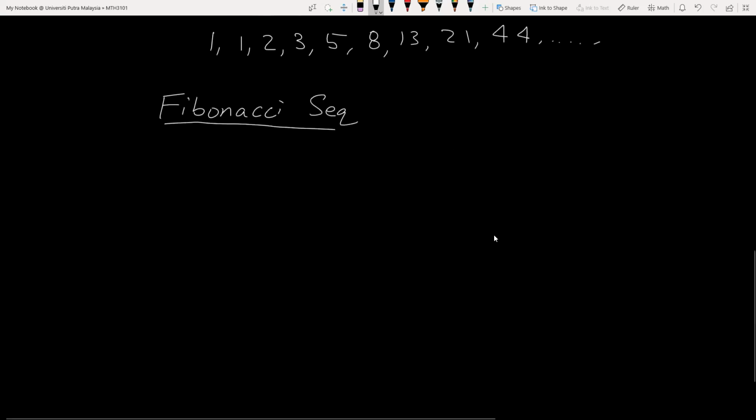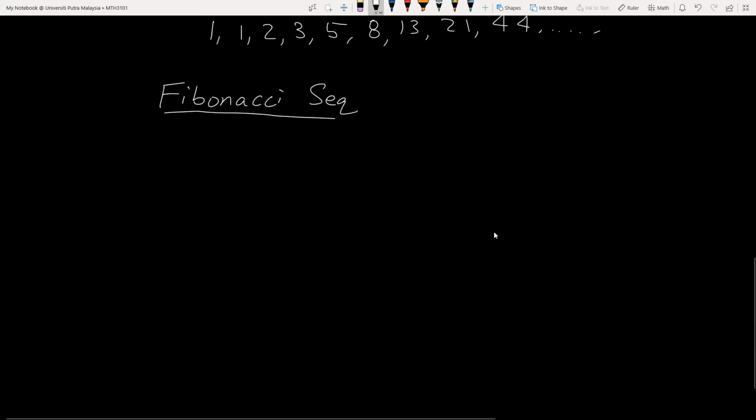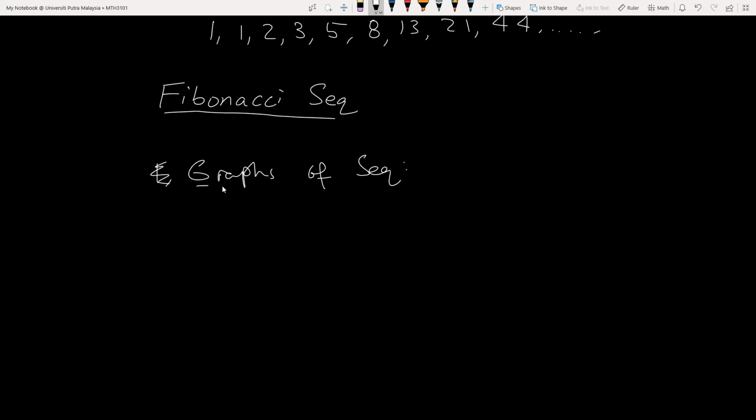All right, let's see an example. Graph of sequence. Let's say I have the first term is 1, the second term is 1 over 2, 1 over 3, 1 over 4, 1 over 5, and so on.